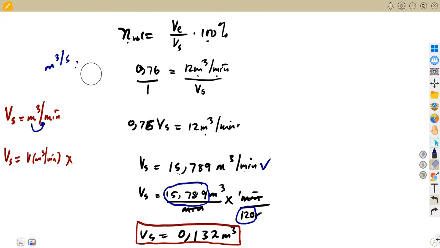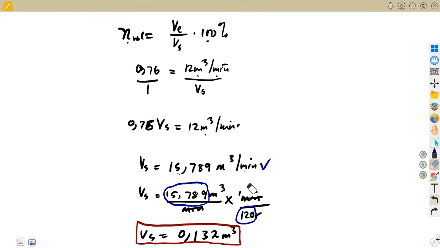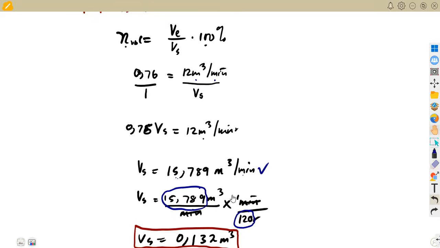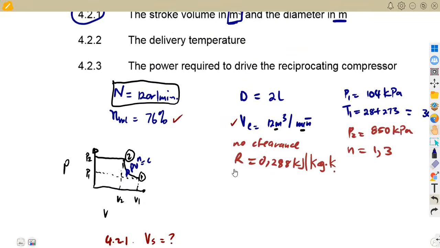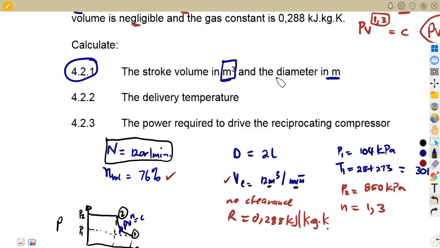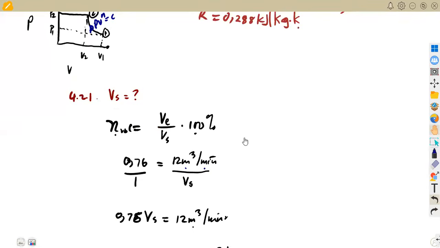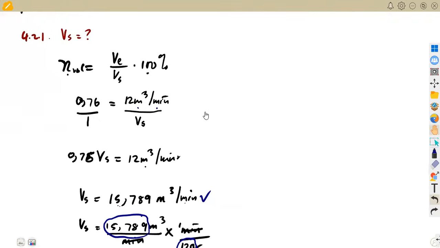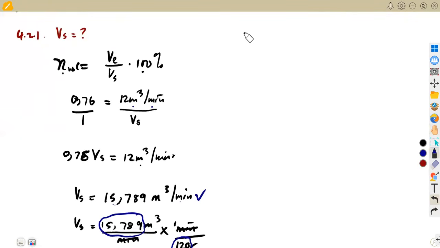So if we check on the other part, it was to calculate this stroke volume and also to calculate the diameter, in this case in meters. So we're given to calculate the diameter in meters. Remember, from our stroke volume, we understand that it was taken from this formula for the diameter. Let us just calculate our diameter here.